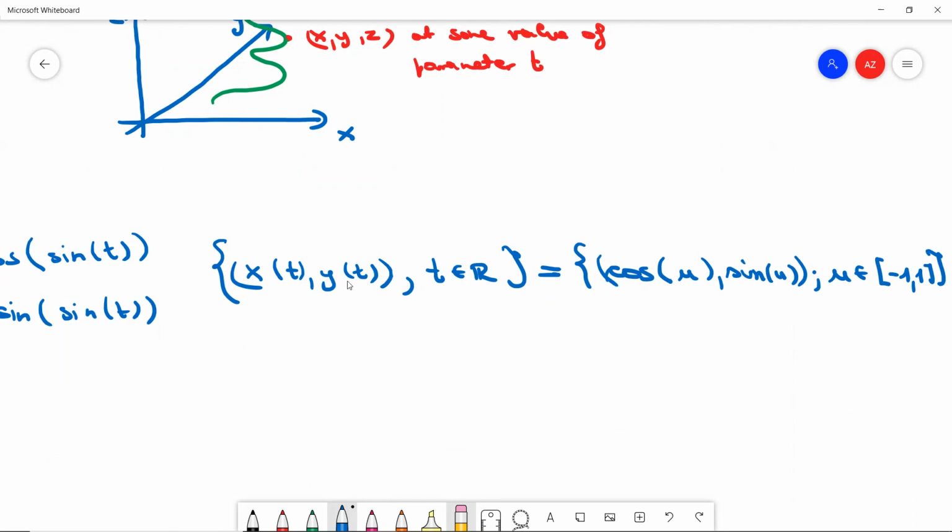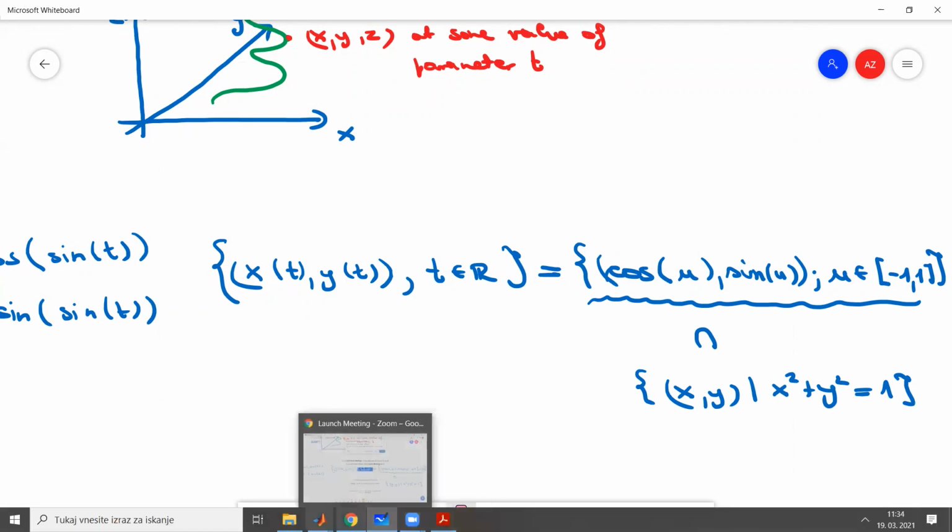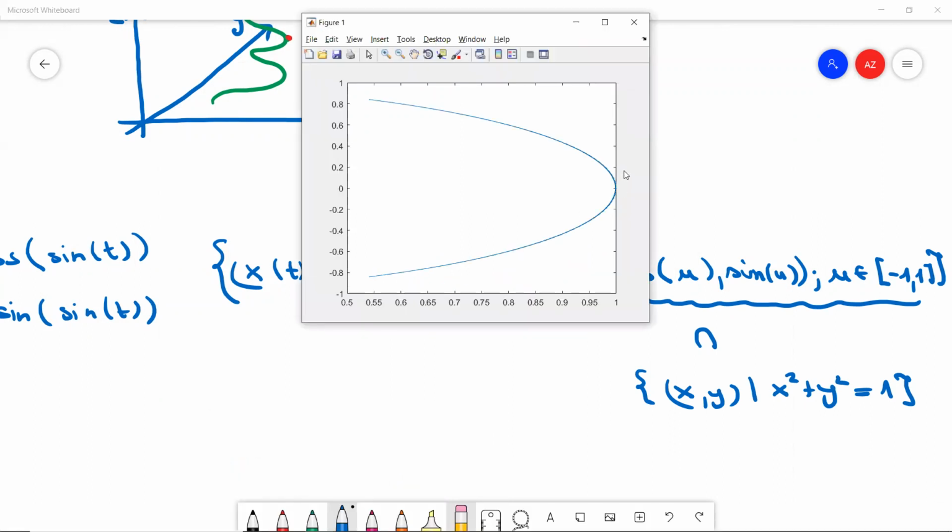This is because sine t is between -1 and 1. So the image of sine is between -1 and 1. And we get only some part of the curve. So this is some subset of the unit circle. This is exactly that one.